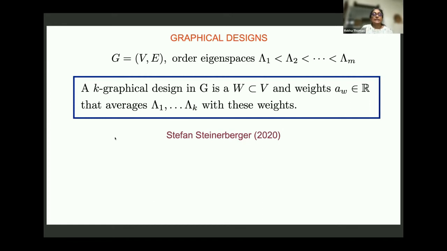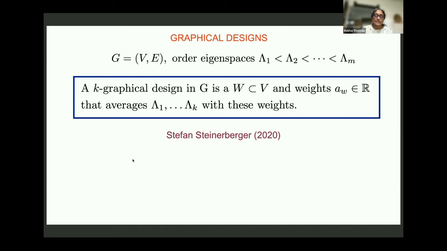Now, after you fix an order, here's the definition. A K graphical design in G is a subset W of the vertex set V, along with weights, which are real numbers, that average the first K eigenspaces. In other words, what we want to do is to average every function in these first K eigenspaces, which is the same as averaging a basis for each of these eigenspaces from lambda 1 up to lambda K. This definition was made by Stefan Steinerberger, who's one of my colleagues at the University of Washington.